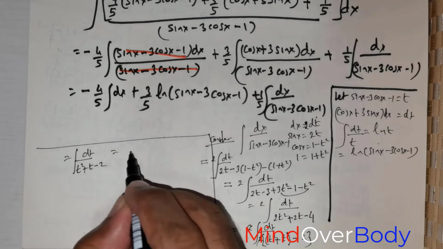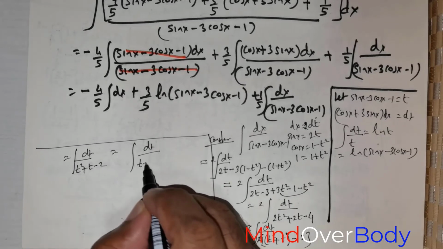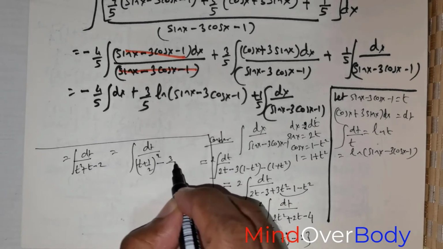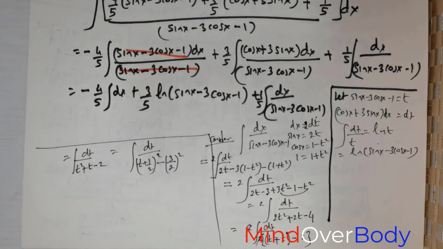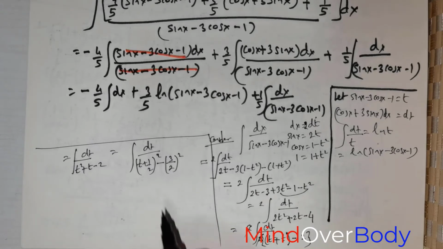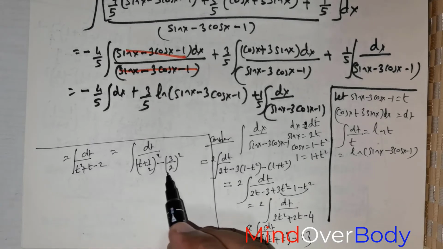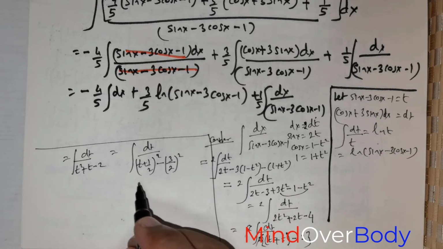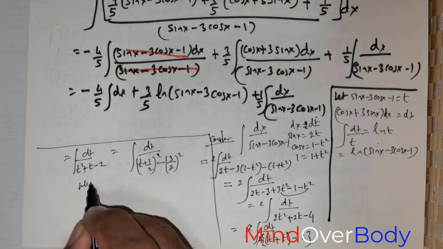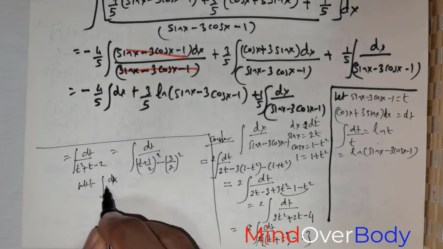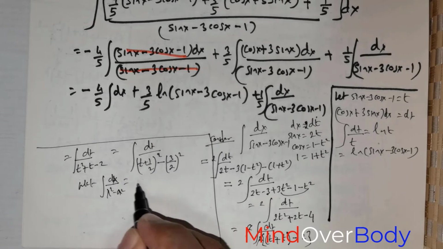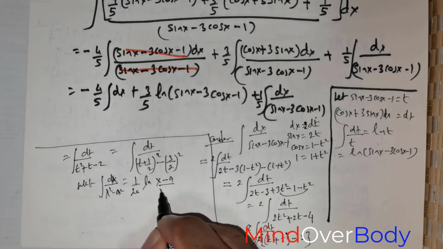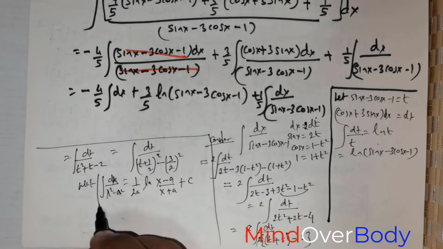Now this can be rewritten as the integral dt of t plus 1 over 2 raised to the power of 2 minus 3 over 2 raised to the power of 2. Because I have already shown you how to write it as a square of 2 terms in the previous problem, so you can check that out. Now this is very much similar to the integral dx over x squared minus a squared, which has a formula of 1 over 2a log of x minus a over x plus a, plus arbitrary constant c.